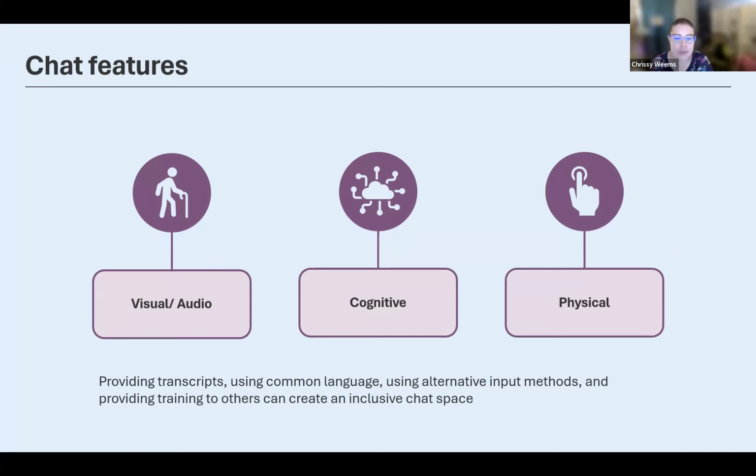So if we can think about how we use chat in this online community, right? We have this really vibrant area that's got lots of conversations going on, lots of different things. And we can fully participate in those chats and those communications. But for some people, chat remains inaccessible. It's a barrier that excludes them.